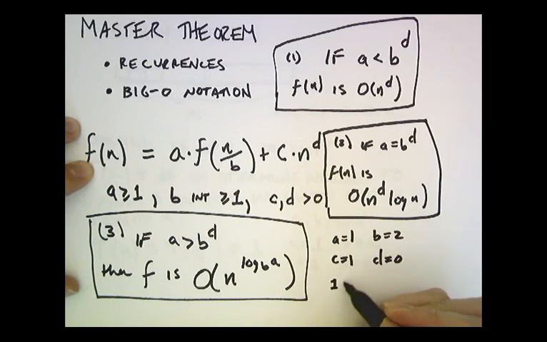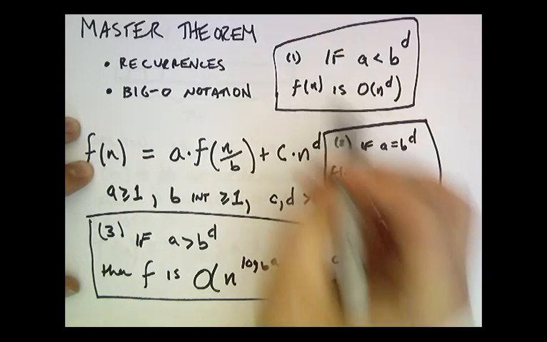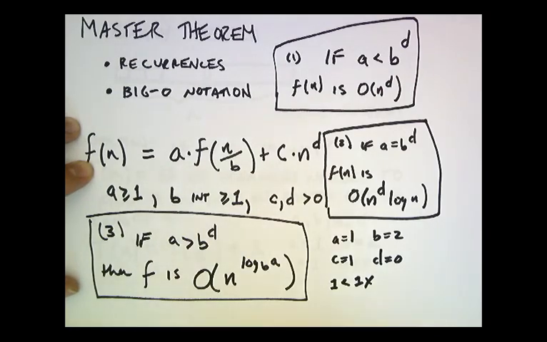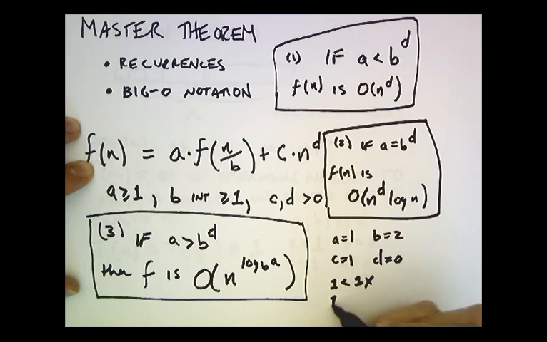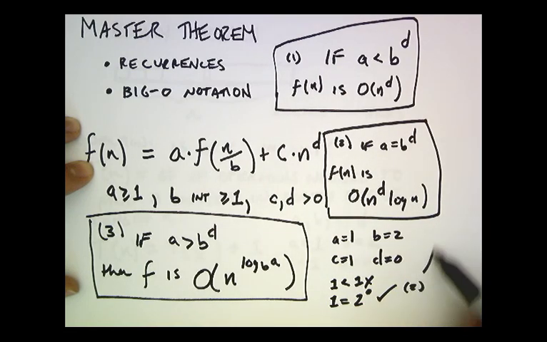Is 1 less than b to the d, 1? Nope, so we're not in case 1. How about, does a equal b to the d? Does 1 equal 2 to the 0? Yes, it does. This means that we're in case 2.